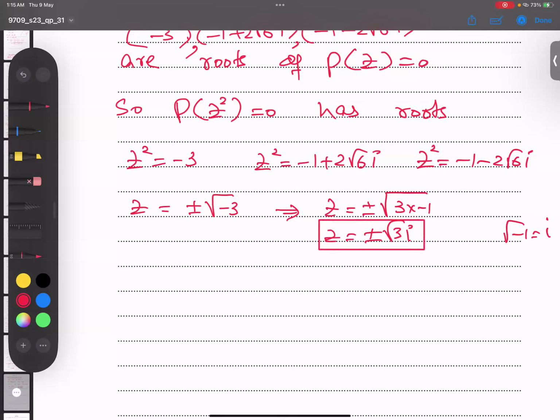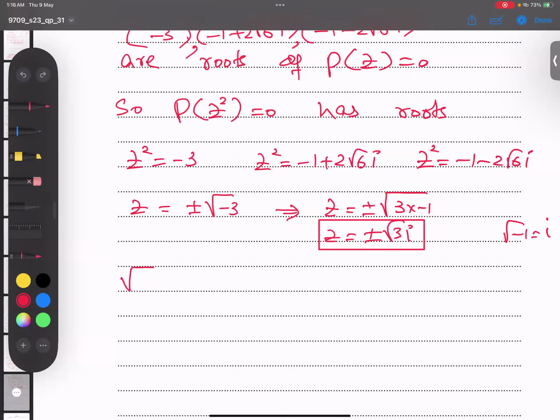Done. So let's talk about this equation now. I say this is equal to Z square. So I'm looking for, let's say, the root of this equal to some number.